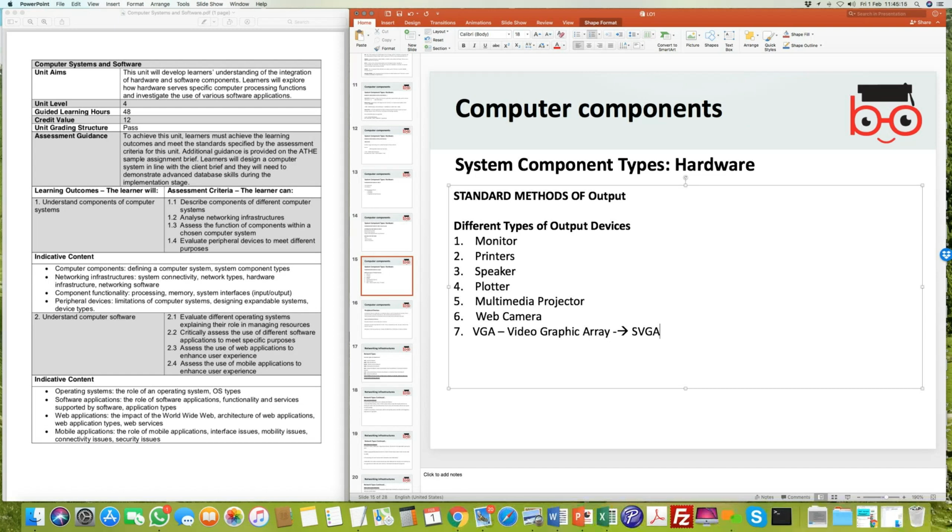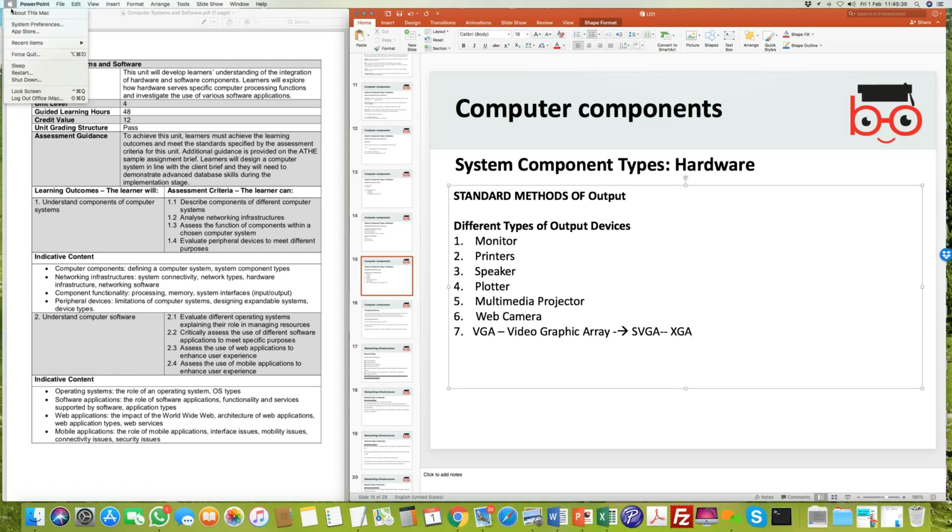So what we do see is that VGA changed to SVGA, has changed to XGA, and depending on different types of devices, you have these ports integrated into these devices for having the relevant output for you to have on a display screen. So when you look at projectors, you have SVGA, XGA. When you look at monitors, it is normally SVGA.